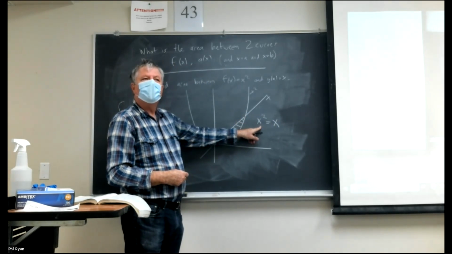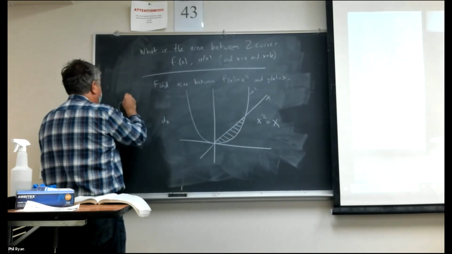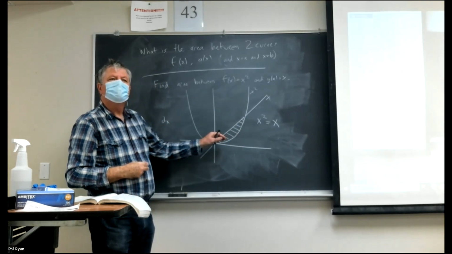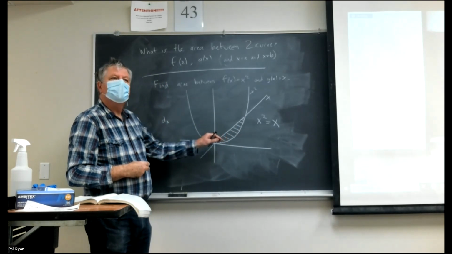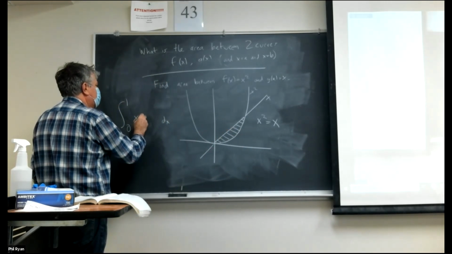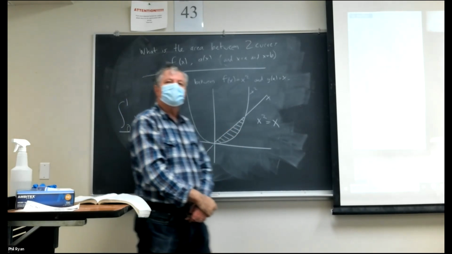What positive number when you square it equals itself? 1. Which function is on top? g of x, it's x, right? So it's x minus x squared. So that's the answer.